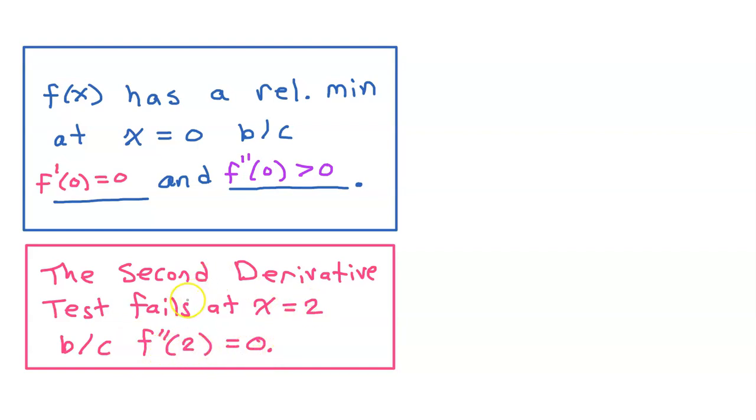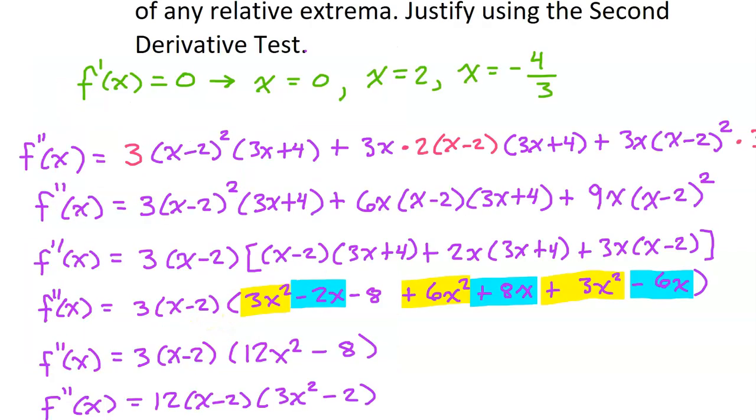So I just want to emphasize to you that this does not mean that there is not a max or a min at x equals 2. When the second derivative test fails, we know nothing about whether there is a max or a min or neither at x equals 2. It just tells us that we would need to use the first derivative test if we really wanted to find out the answer. Now let's test out the third value, x equals negative 4 over 3.